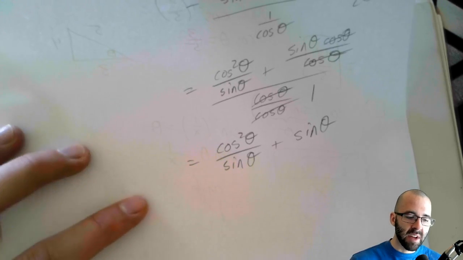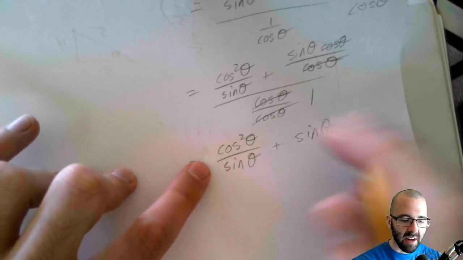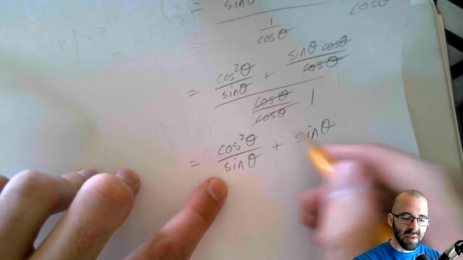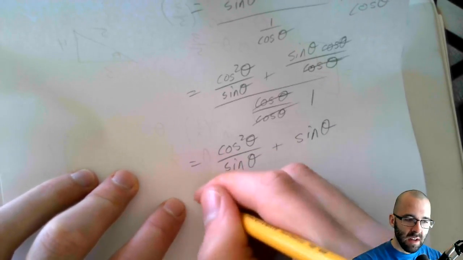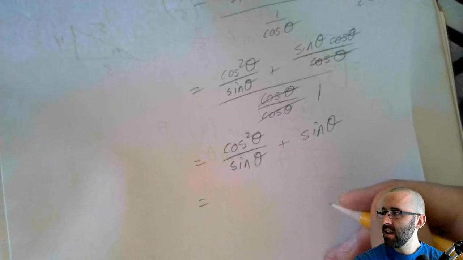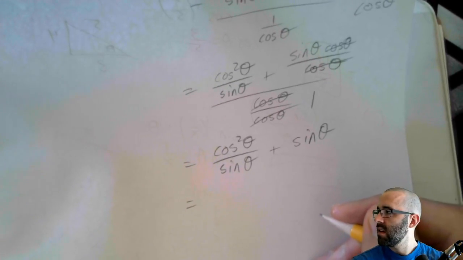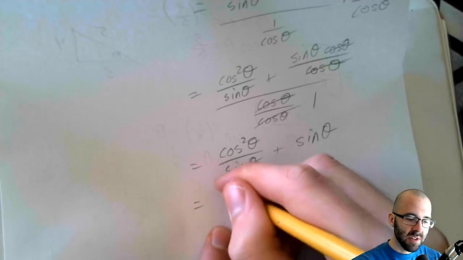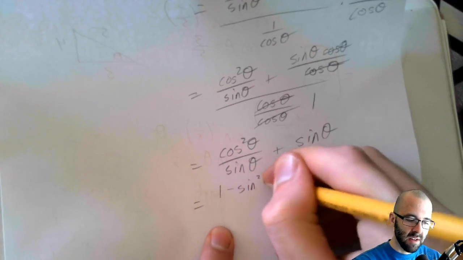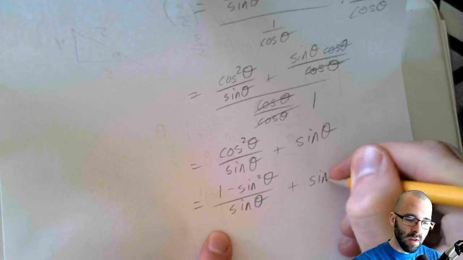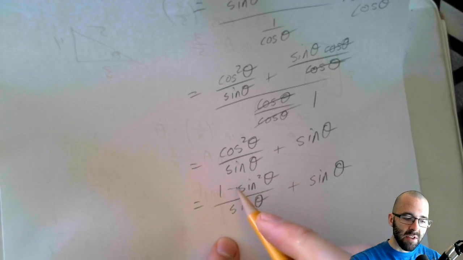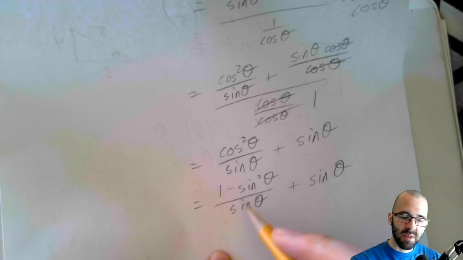And we can simplify further using the Pythagorean identity. If we put everything in terms of sines, this will get a lot nicer. So what we're going to do: cosine squared is 1 minus sine squared of theta. And remember, if you have subtraction on the top, you can split up the fraction.